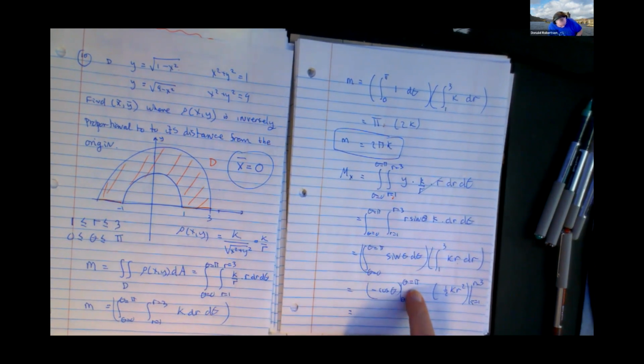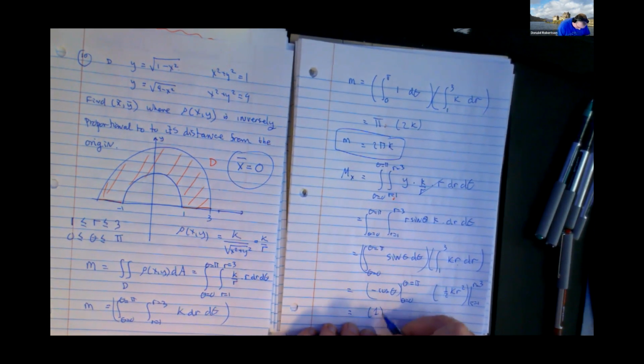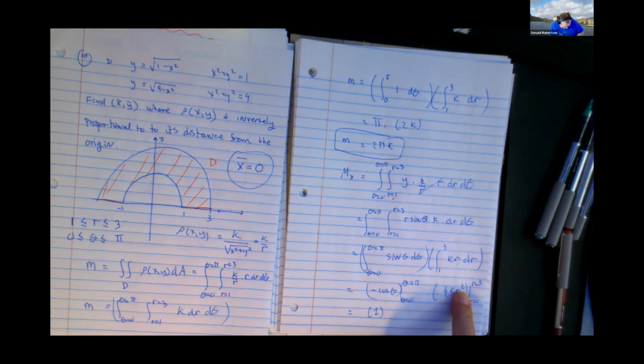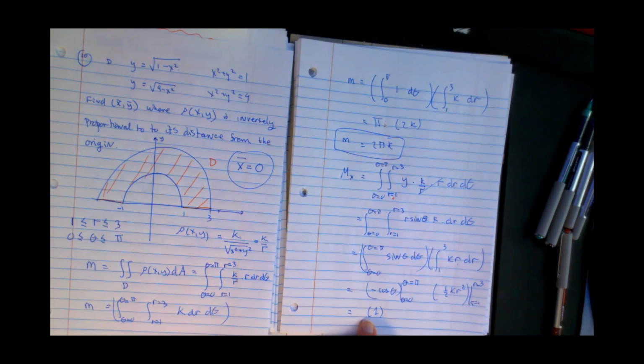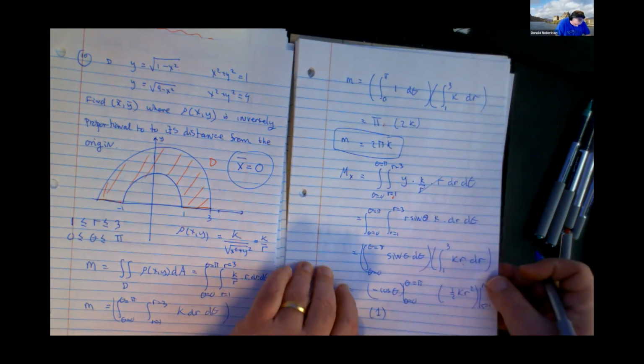Okay, cosine of pi is nothing. Take away -1 ends up being 1. Are we sure? Let's write that down.